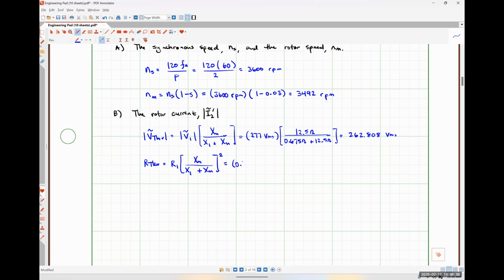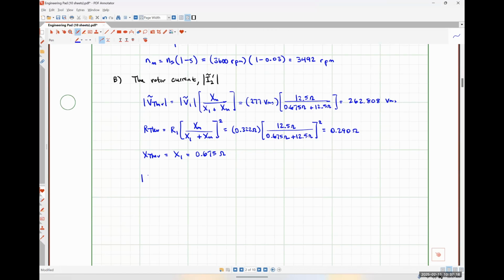So that would be 0.322 ohms multiplied by 12.5 ohms over 0.675 ohms plus 12.5 ohms, squared, which is 0.290 ohms. And XThev, from what we just looked at, is literally just X1, so this comes out to be 0.675 ohms.